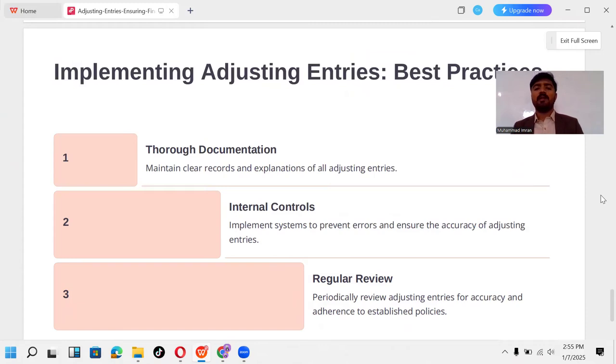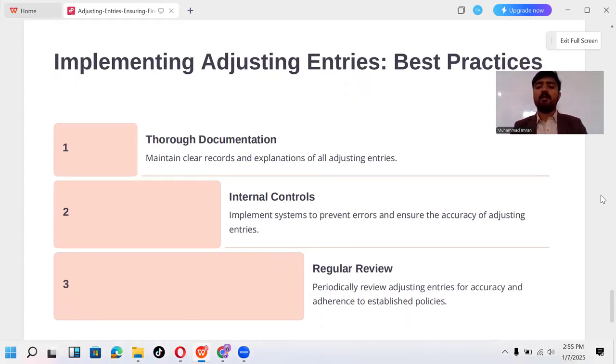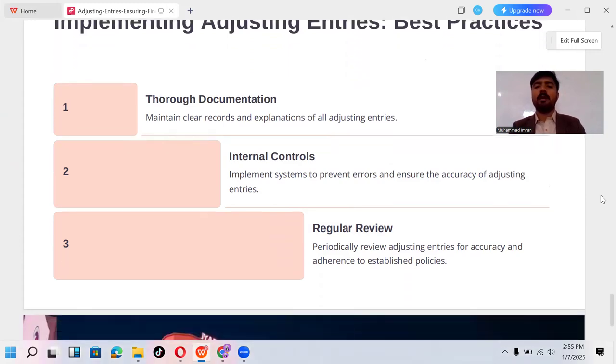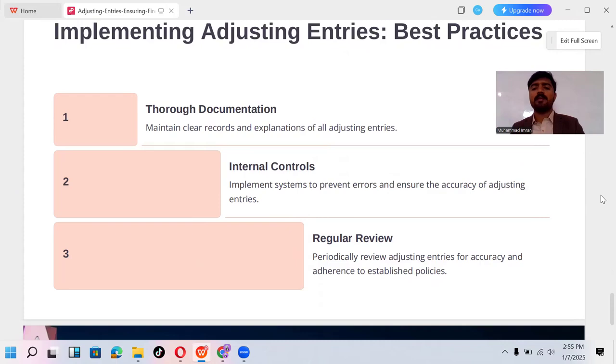For the implementation, there must be internal controls which prevent errors and ensure the accuracy of these adjusting entries. And there must be regular reviews so that there is no misconduct in these adjusting entries, so that no one can be affected because of these.